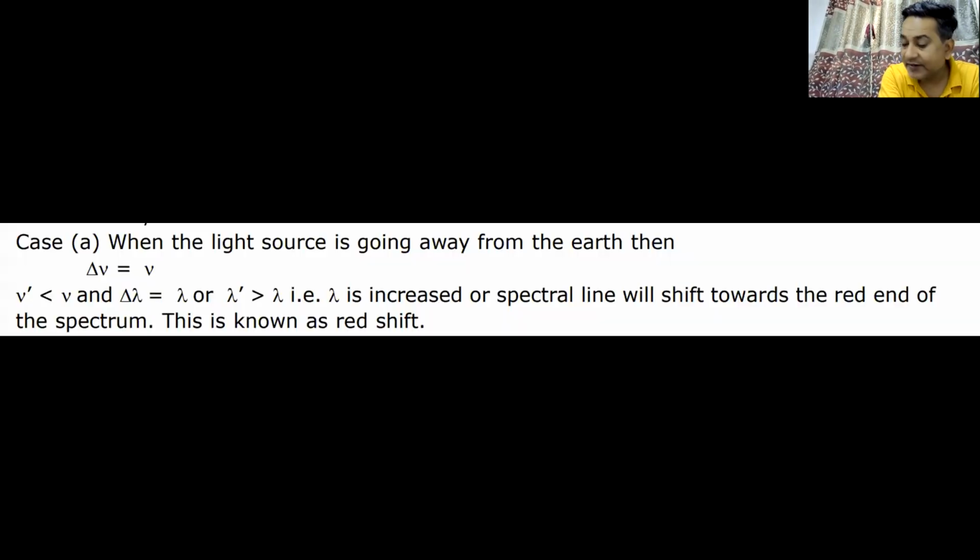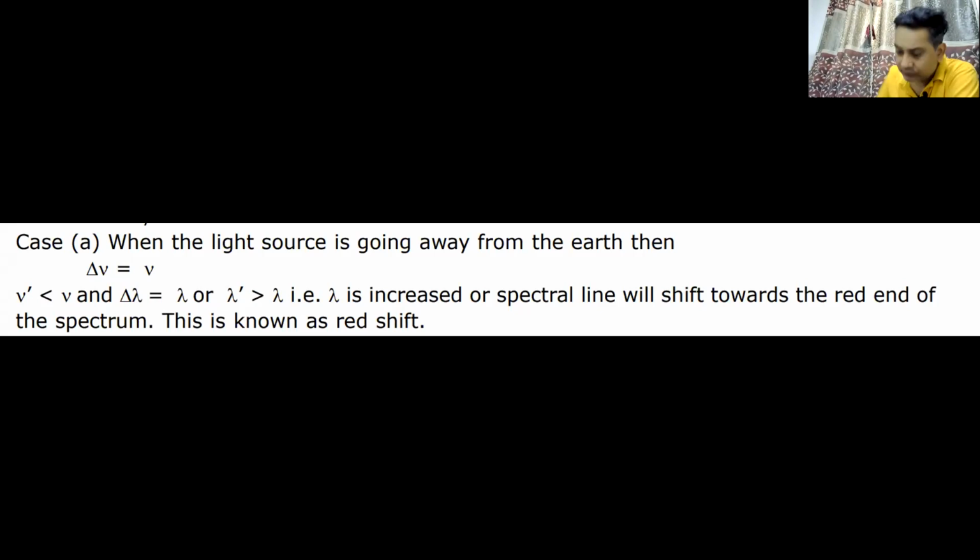Well, as I say, the Doppler effect in light does not depend on who is moving. It only depends on whether the distance is increasing or decreasing. So two cases can happen, and you must remember the two cases.